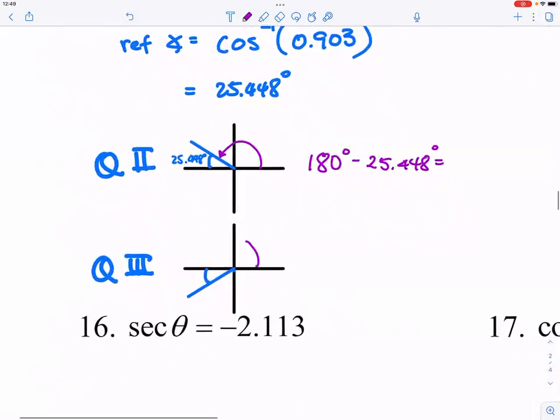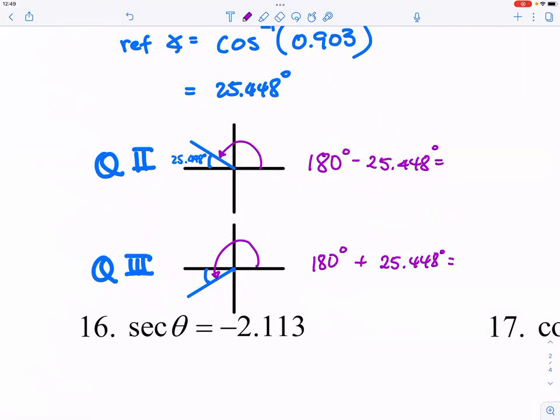So for quadrant 3, how do you get this big angle? 180 plus. Because that's right next to 180. Right? That's right next to 180.